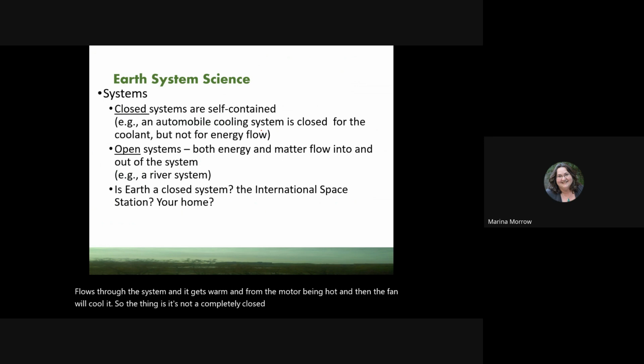The water stays in the pipes, but it absorbs heat energy and then it radiates that energy outward. Okay, an open system has energy and matter that flow into and out of the system. And so anyway, open systems have a lot of flow. So let's look at our planet Earth. Is it a closed system?